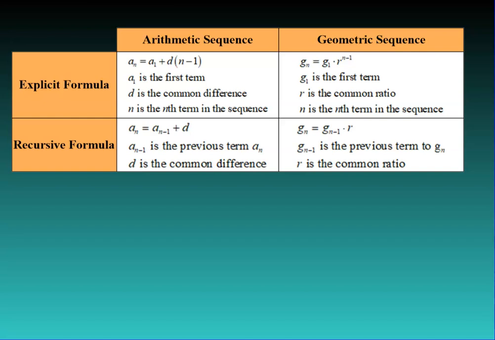All right, this is on your paper, but we've got two types of sequence formulas for arithmetic and geometric. Arithmetic sequences have the explicit and the recursive formulas. Explicit formulas are used when you are looking for any term at any time.